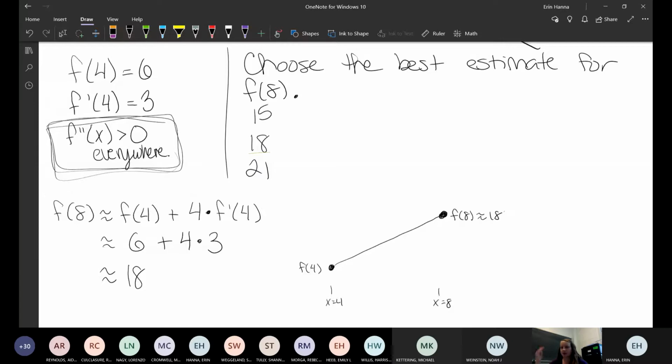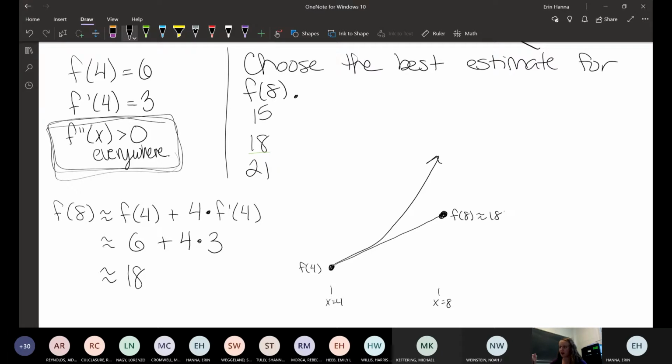But since we know that the second derivative is positive everywhere, we know that this graph is concave up. So if this graph is concave up and I'm increasing, which I must be because my derivative is positive, if I go from 6 to 18, I must have increased. So if I have an increasing concave up function, I don't know exactly what it looks like, but it's probably going to look something like this. Like that thing that I just drew is increasing and concave up.